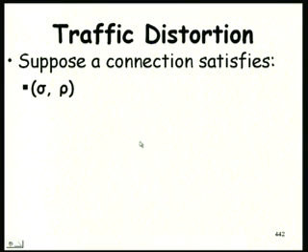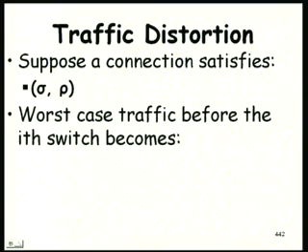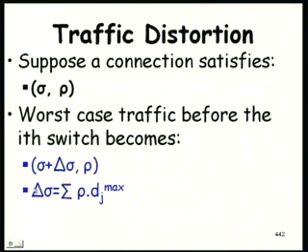And we are trying to examine the extent to which traffic can become bursty after it is transmitted over a switch. The worst case traffic before the ith switch will become sigma plus delta sigma, where sigma is the burst size over the average traffic rho, and delta sigma is the summation of rho into dj max, for j equal to 1 to i minus 1.